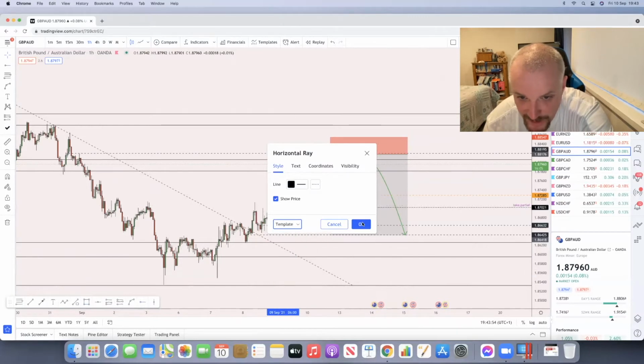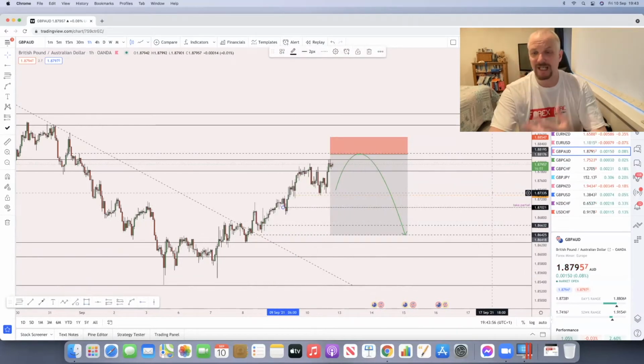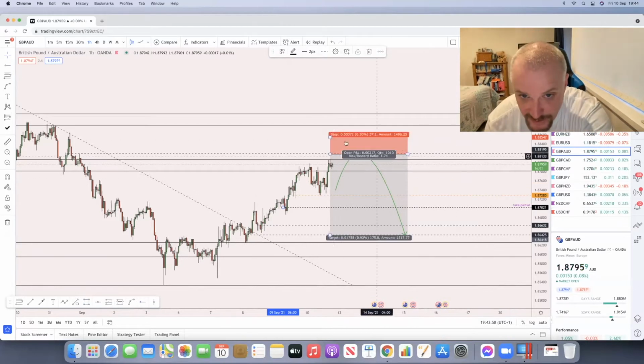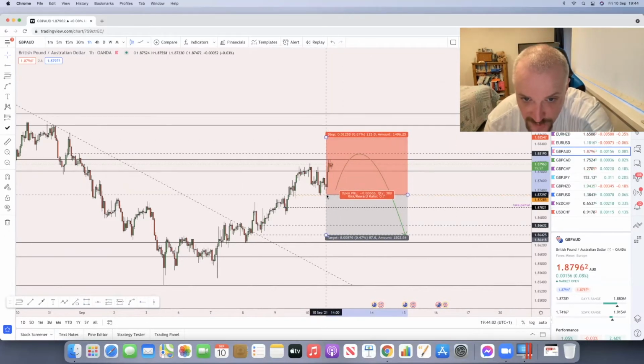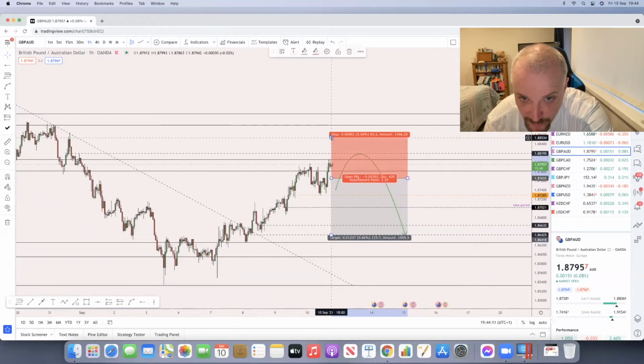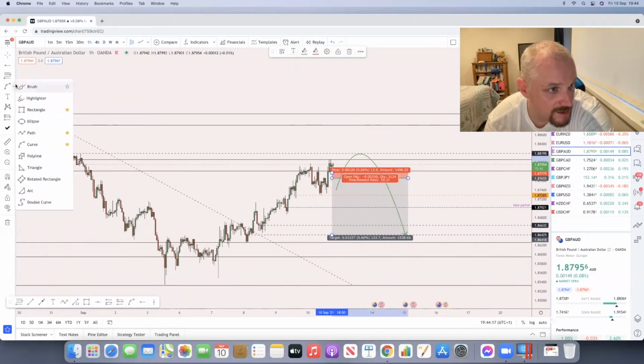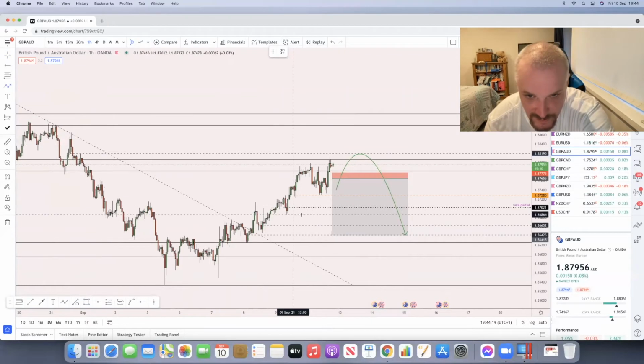take partials. What I mean by that is you could take out half of your position, and then as you take out half your position, you can move your SL to just above or just below the break even area. So again, as this was to come down, you've got your take partial there.